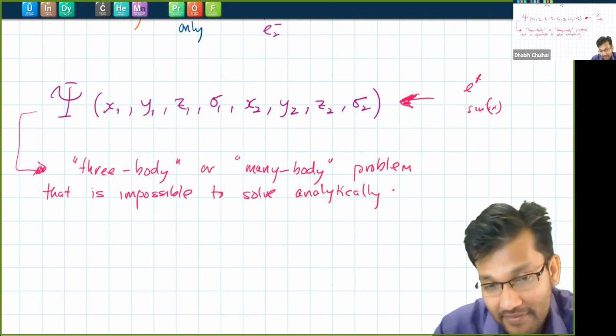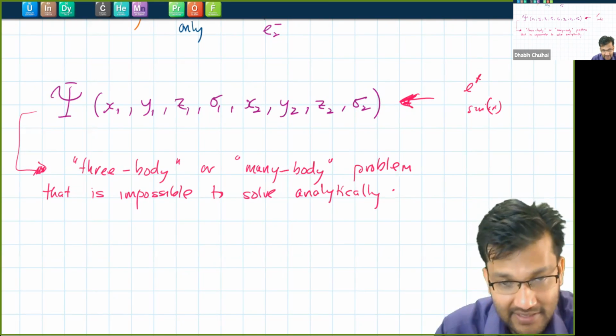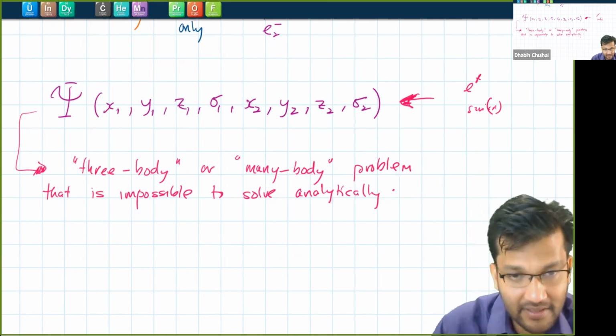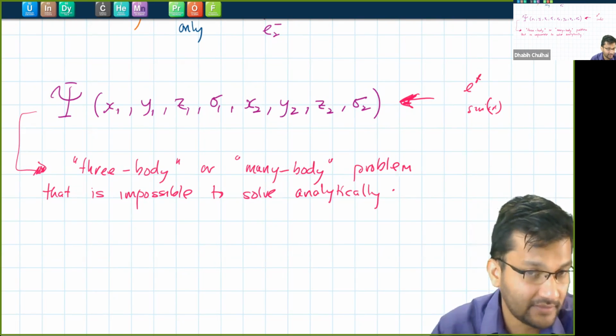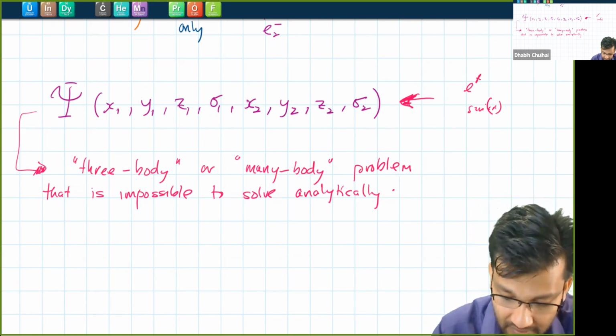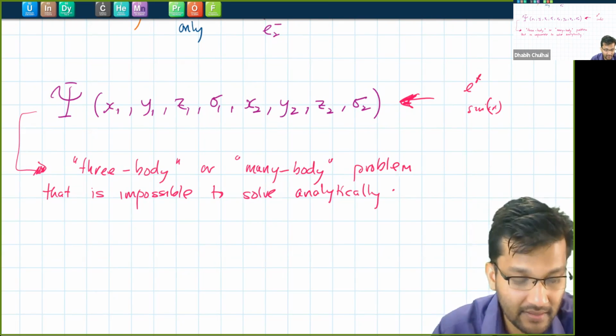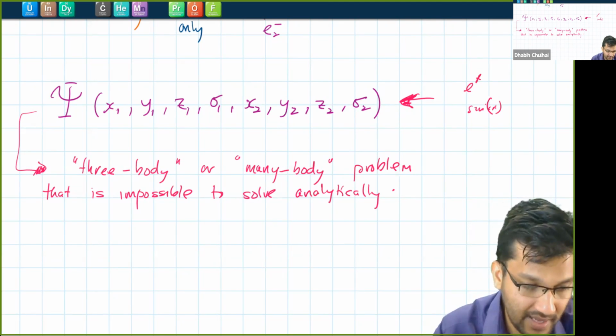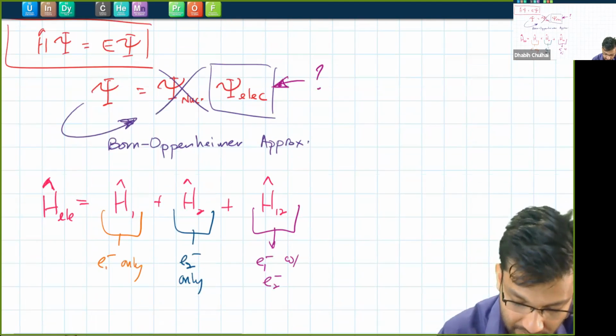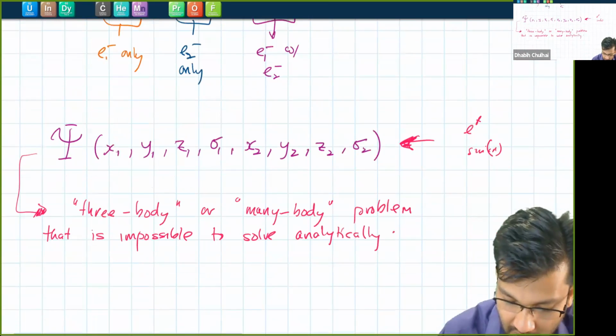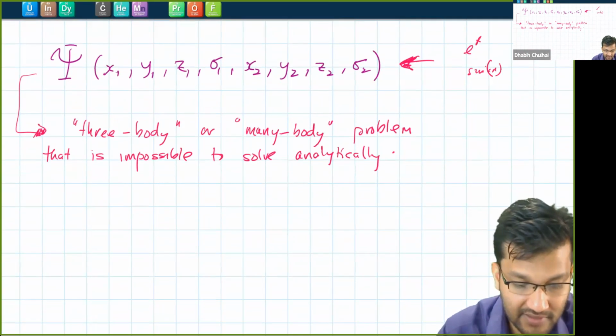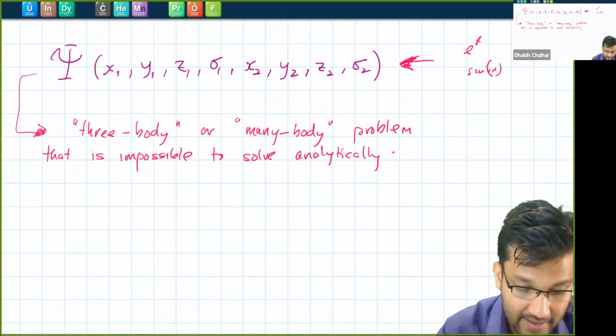But no, we don't have the mathematics to describe this. That doesn't mean that we can't try to solve it, right? But here's where we're going to have to make some assumptions and some approximations. So far, we've made the Born-Oppenheimer approximation, that's one, sure. But here's where we're going to have to really simplify things.